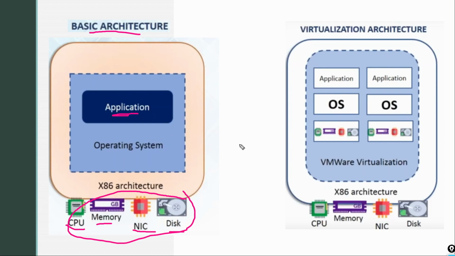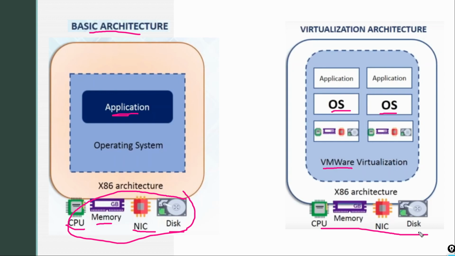But what if via software we can divide a computer into different computers, or we can virtually have different operating systems on a computer. So whatever we have here are virtual. This is the main computer.